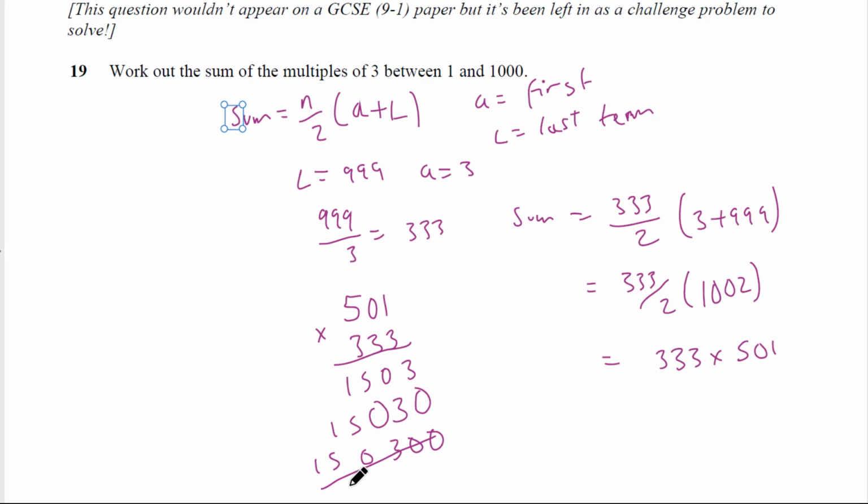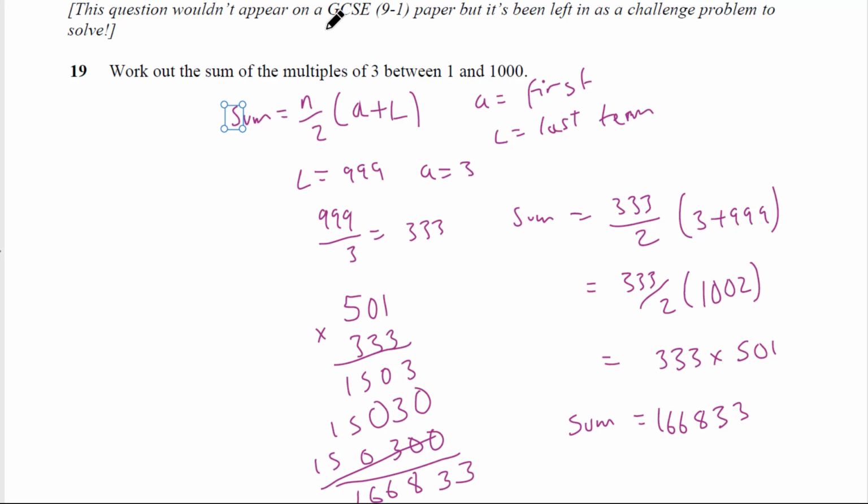Let's add all those numbers together: 3, 3, 8, 6, 6, 1, so the sum equals 166,833, and we are finished.